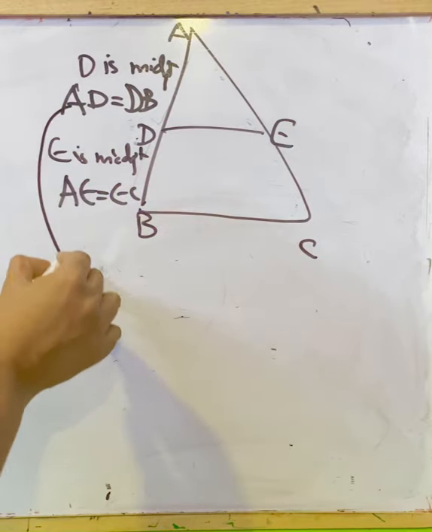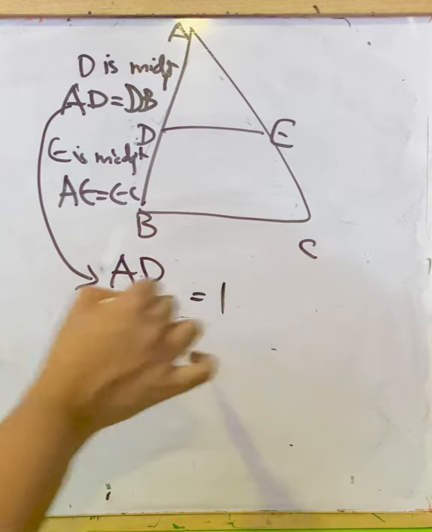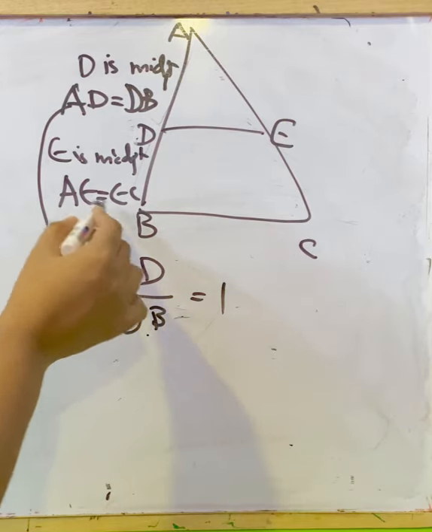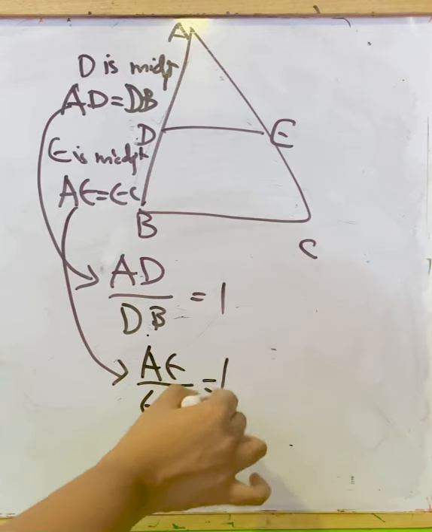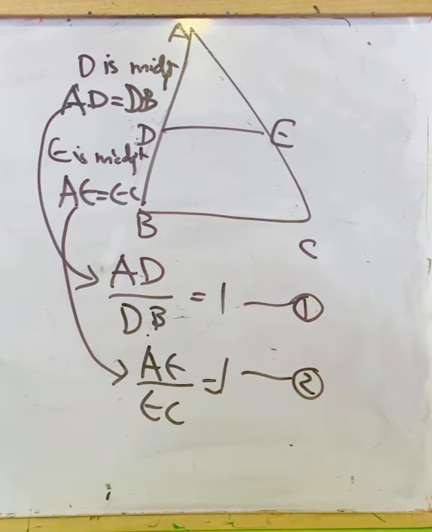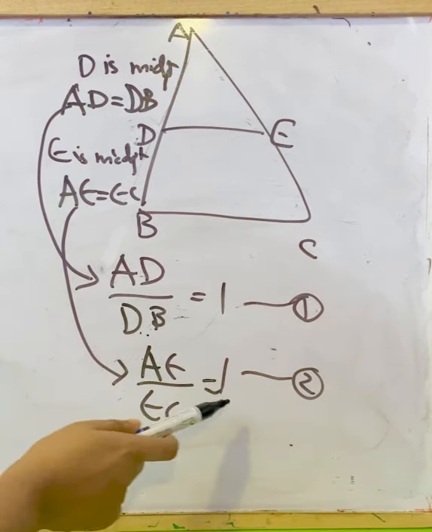If AD equal to DB, then AD by DB, the answer will be 1, because both numerator and denominator are equal. If AE equal to EC, then when we take AE by EC, the result will be 1. Let this be 1, this be 2. Second equation. We got AD by DB equal to 1 and AE by EC equal to 1.